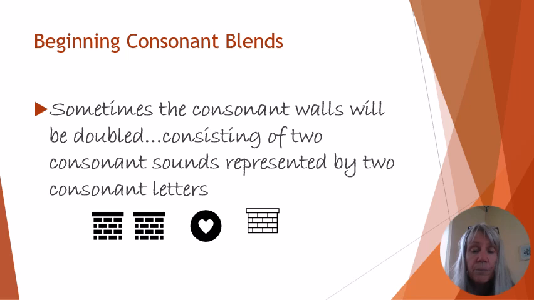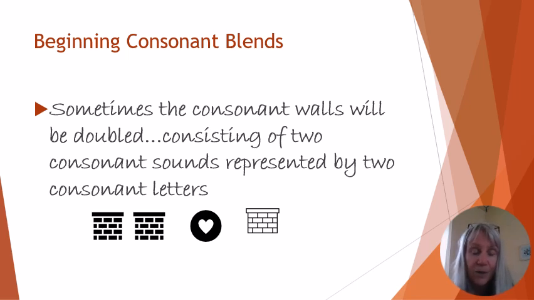And these are called beginning consonant blends. We may have more than one consonant that we can visually see at the beginning of a written word. Or we may be hearing more than one sound at the beginning of a written one-syllable word or word part. Sometimes the consonant walls will be doubled, consisting of 2 consonant sounds represented by 2 consonant letters.